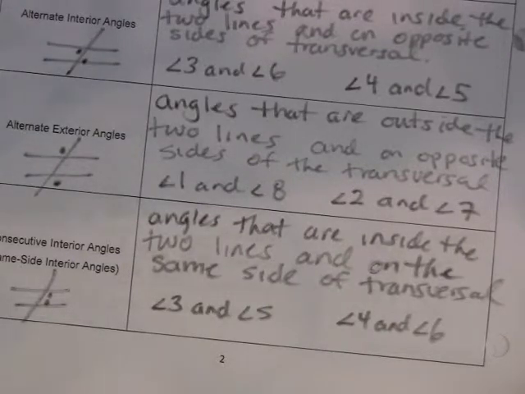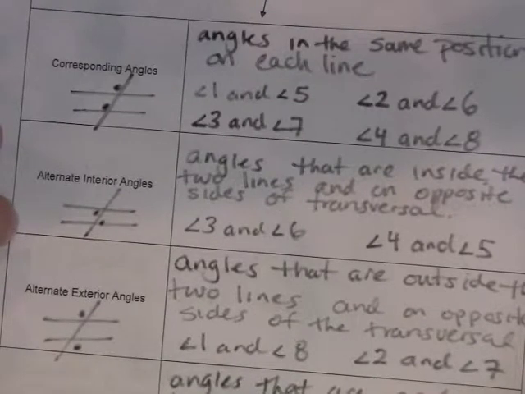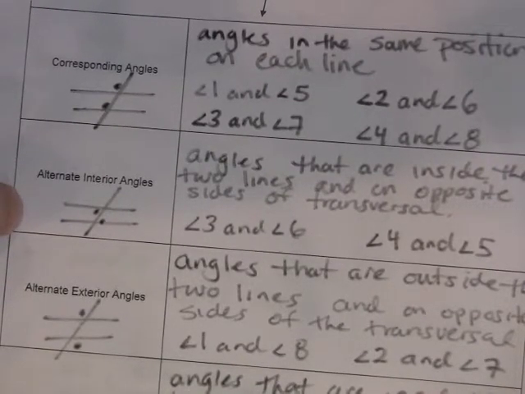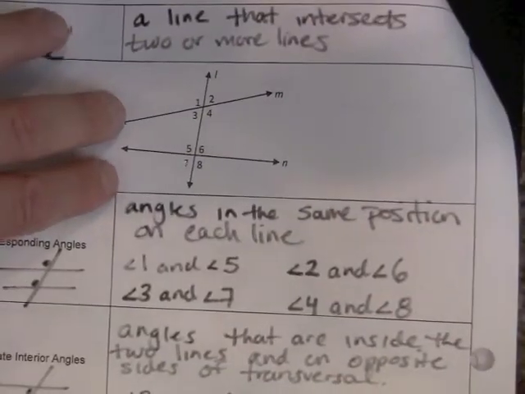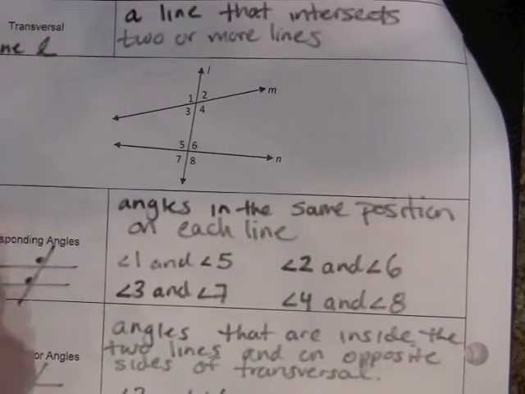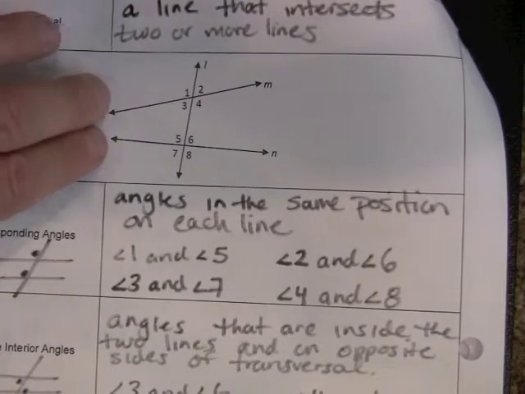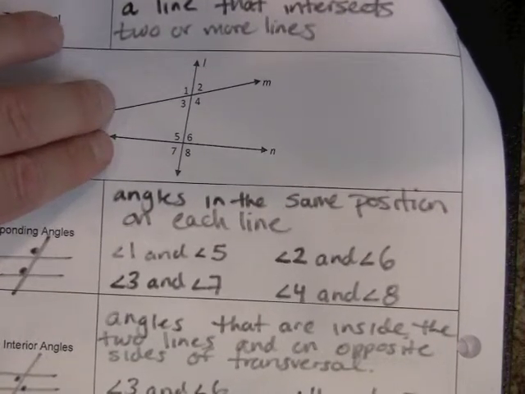These angle relationships, as you learned in the previous lesson: if these first three are congruent, corresponding, alternate interior and alternate exterior, then the lines will be parallel. If they're not congruent, then the lines won't be parallel, as they're not parallel in this case.